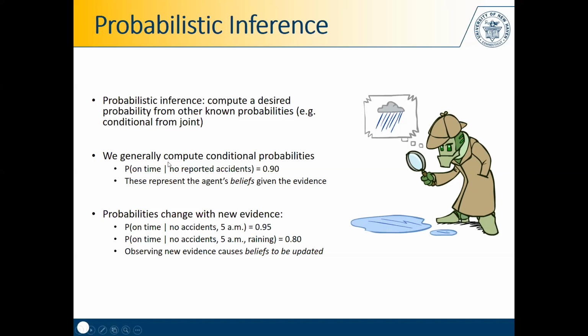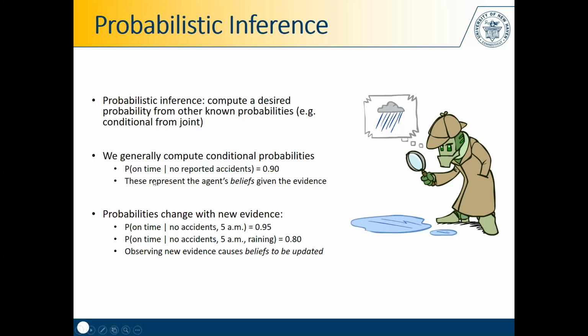If the evidence is there is no reported accidents on the road, we want to calculate the probability of getting to work on time, given this evidence, given this observation, given this assignment of value or outcome of a random variable.